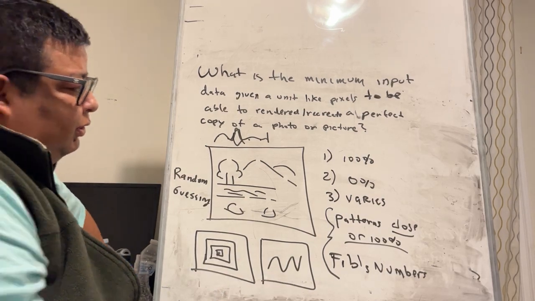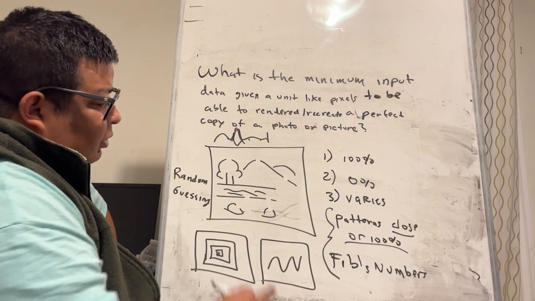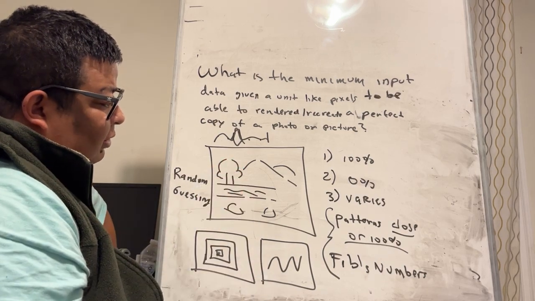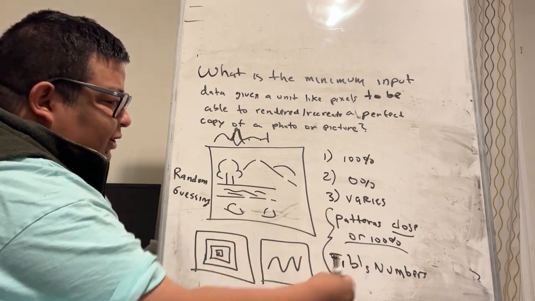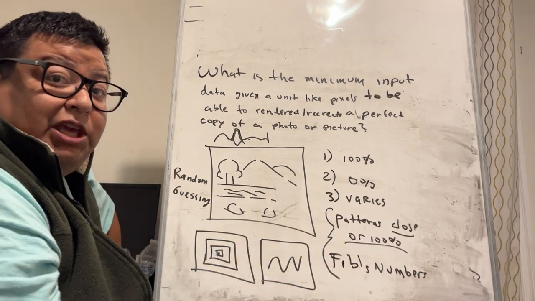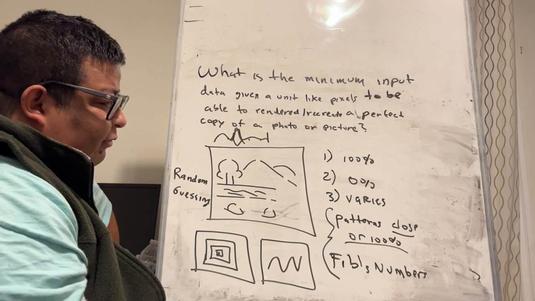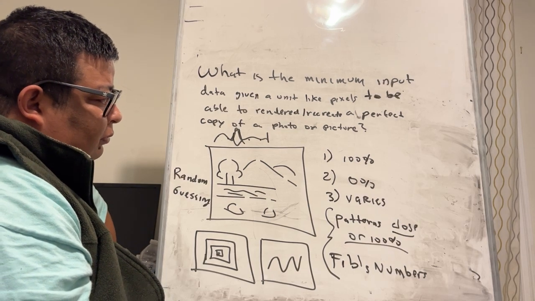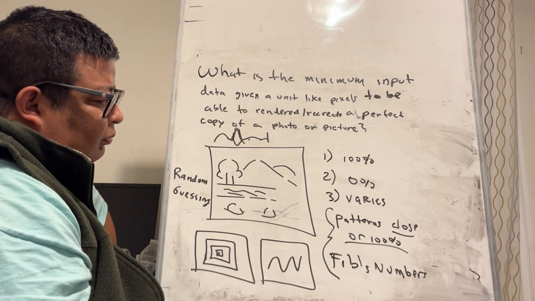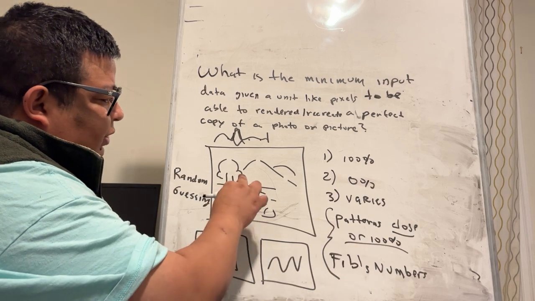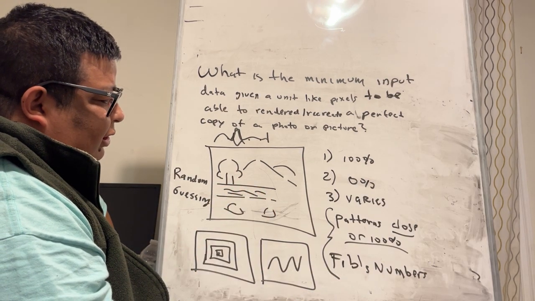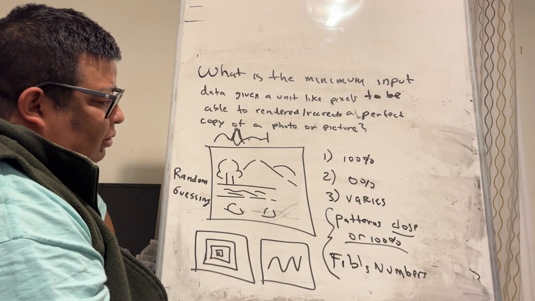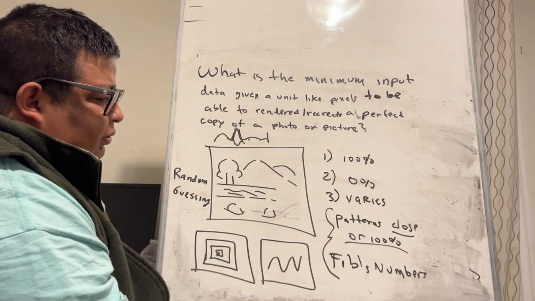Now, go back to the original problem. Knowing this information, I think it varies depending on the type of input, the type of photo you have. If we know we have patterns, then we can definitely approach 100% or close.